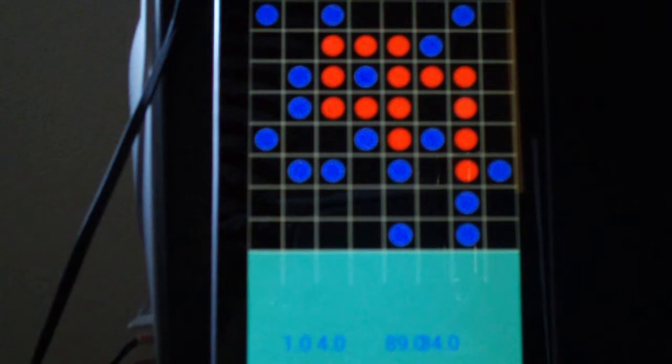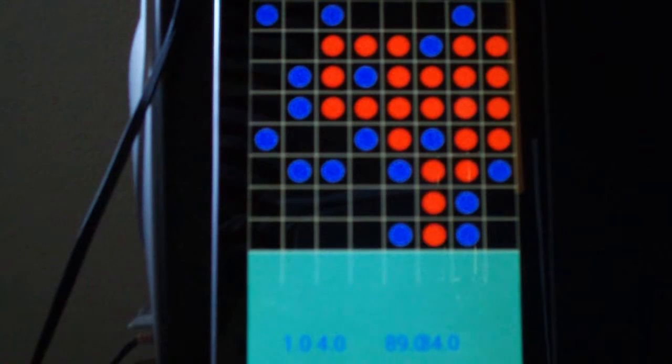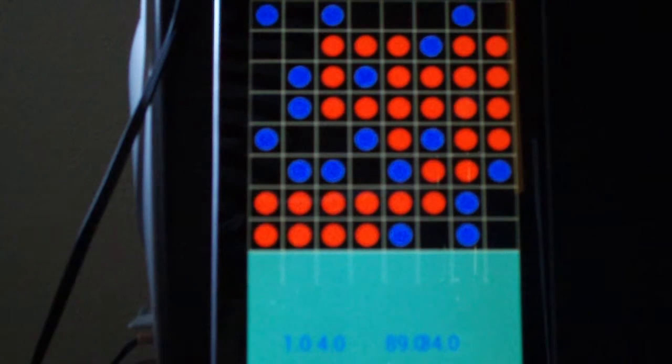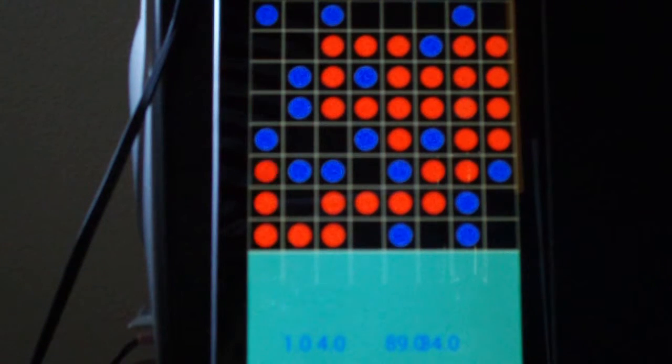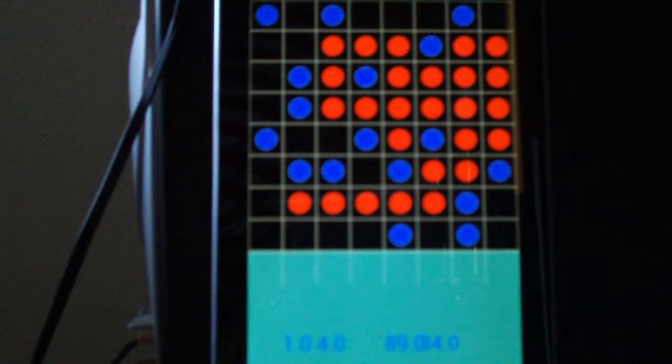It's been almost a half an hour now. And that's what it's going to look like when it's done. That's about the best it can do.